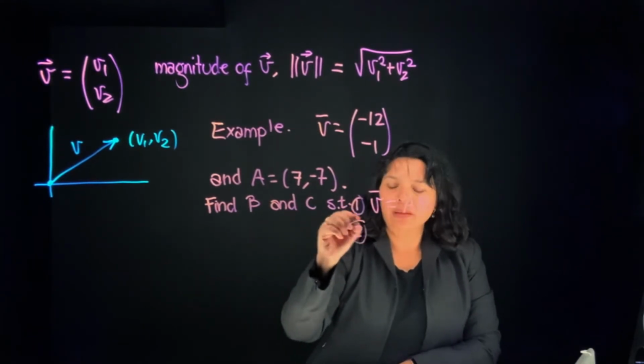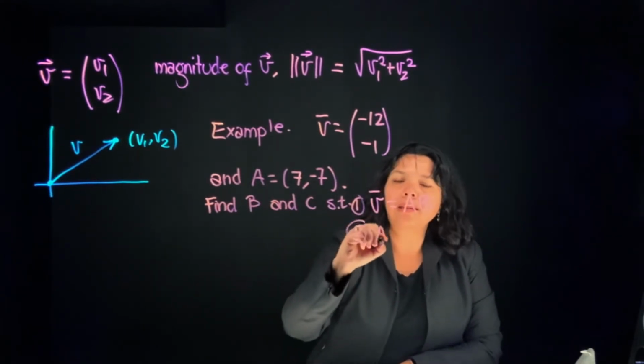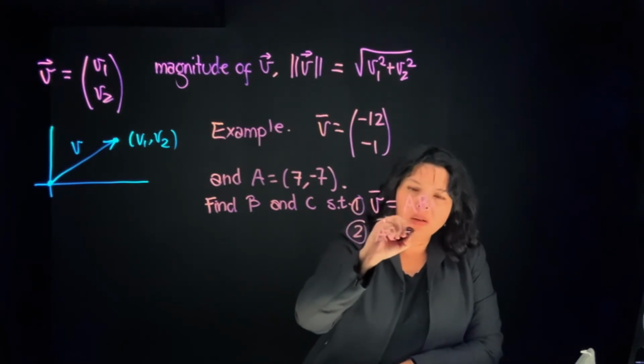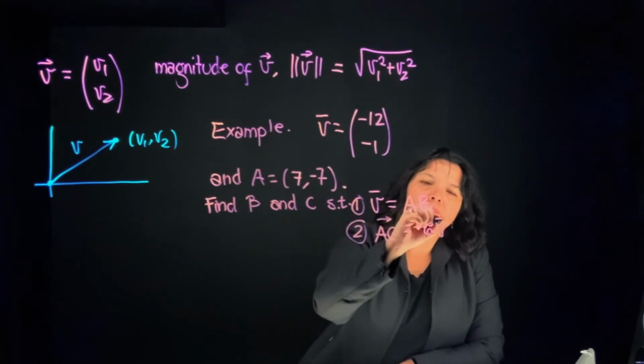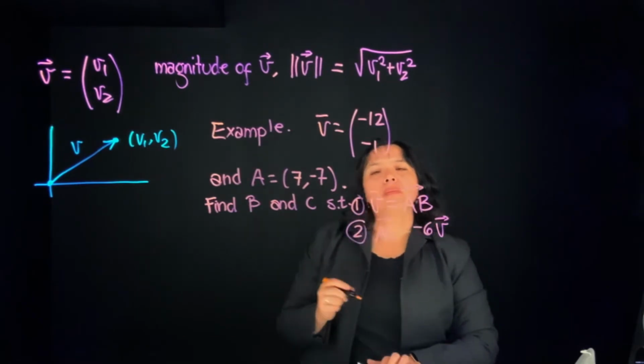And the second question here is that AC equals -6 times v.